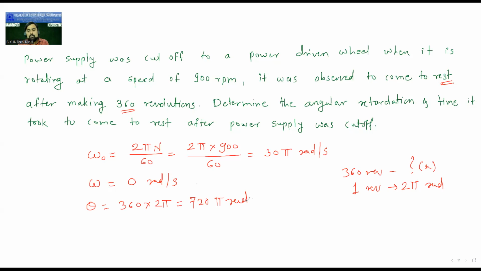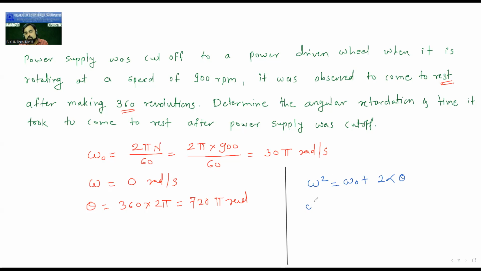Okay, now calculate the acceleration. Very simple. Now retardation and time we need to calculate. So for the retardation, I will use the equation omega square is equal to omega naught square plus 2 alpha theta.